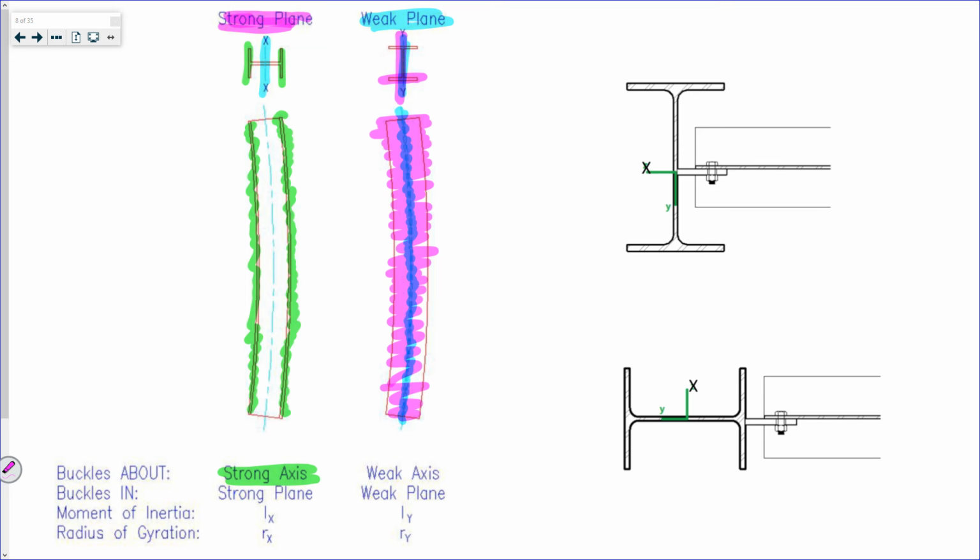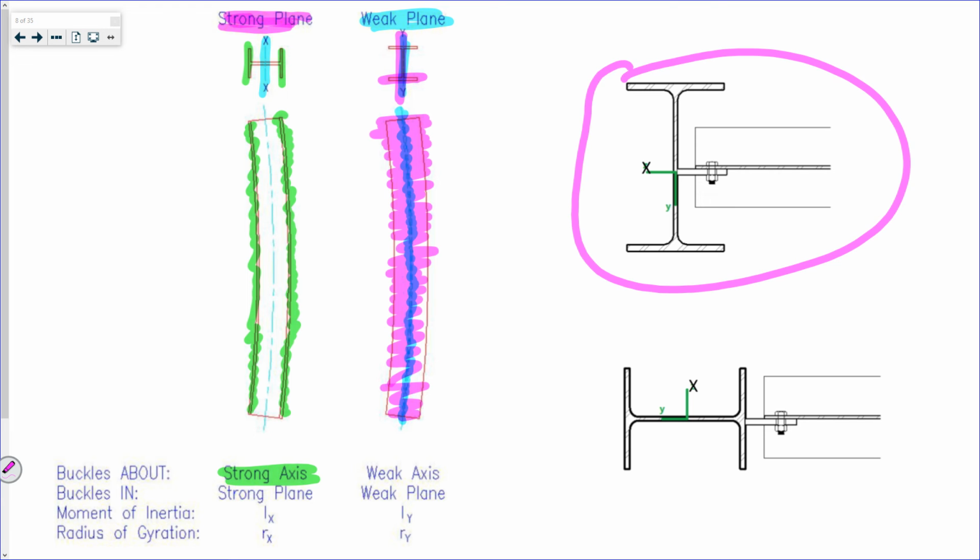So, this is where, I want you to look at this top section right here, and this is a brace, which is like a support. Is this support preventing bending about the y-axis or the x-axis?